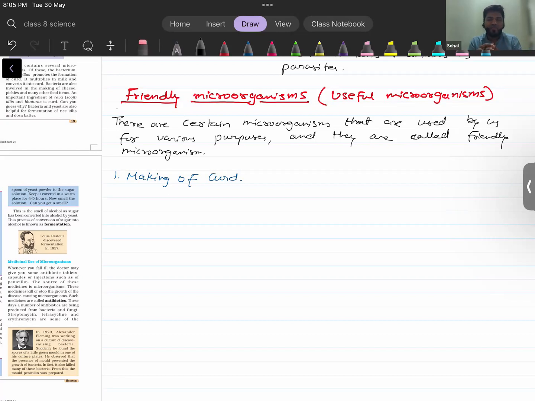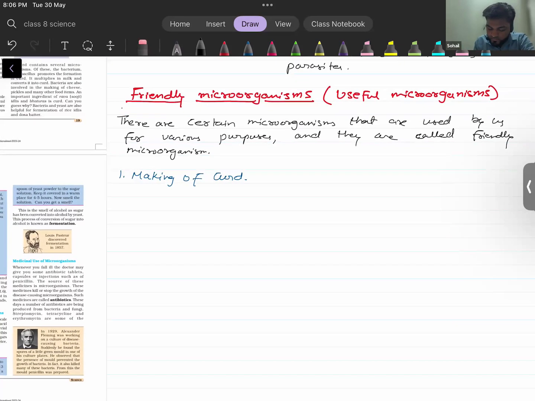In that time, the lactobacillus starts to grow further and converts the whole milk into curd. Basically, the lactobacillus multiplies in the milk.